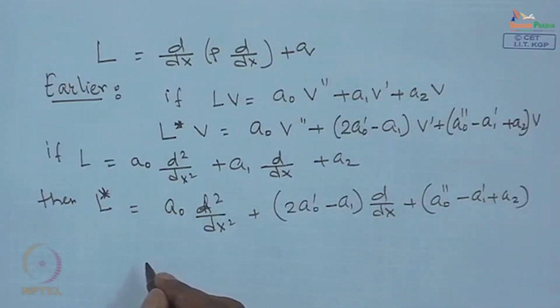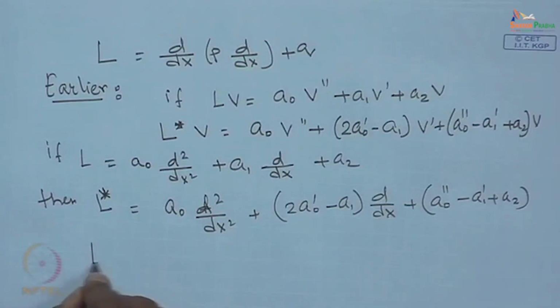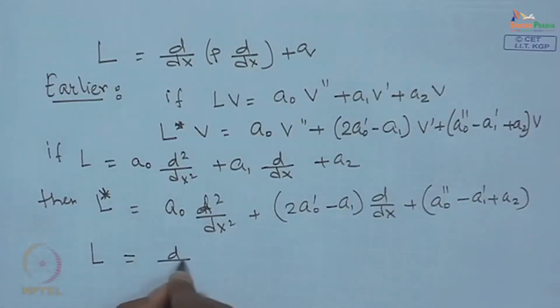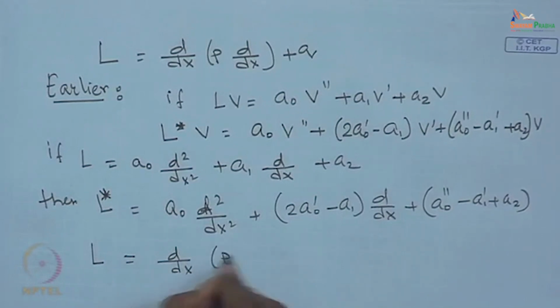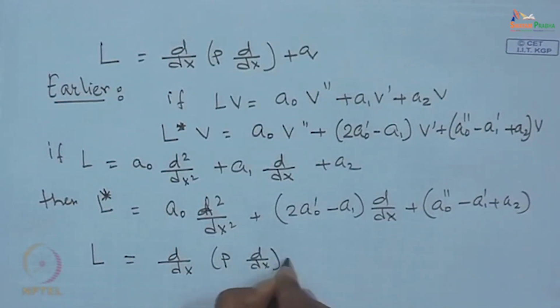So, therefore, we can compare this equation with the earlier one. The operator was written as d/dx of p d/dx plus q.